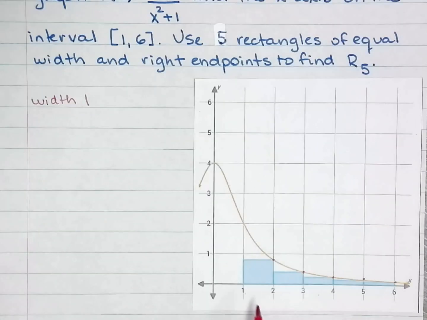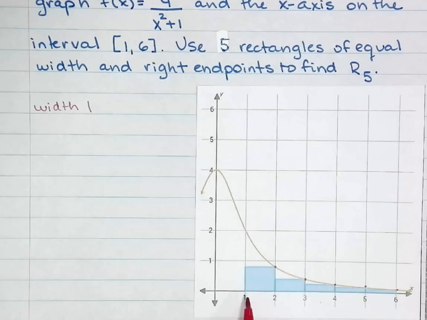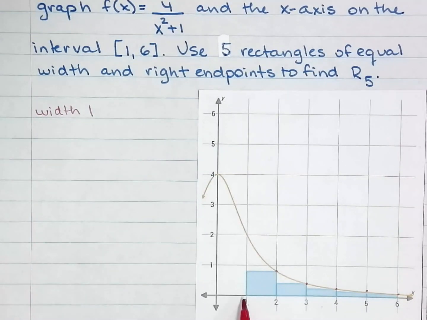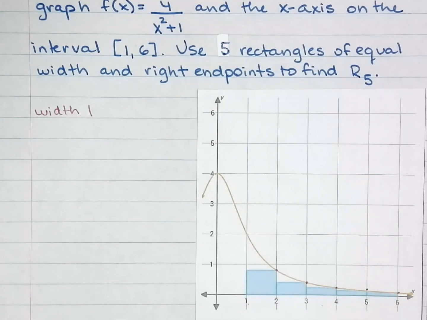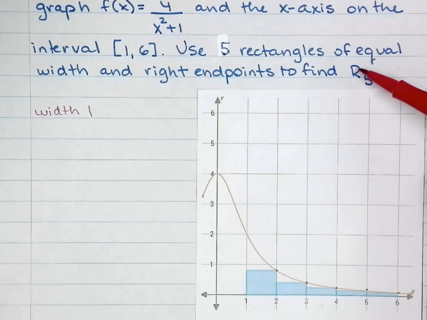Sometimes, let's say if we had to get 10 rectangles, the width would be just half because you would need 10 rectangles. The final answer would definitely be more precise, but right now we're just answering this question right here with 5 rectangles using the right endpoints.